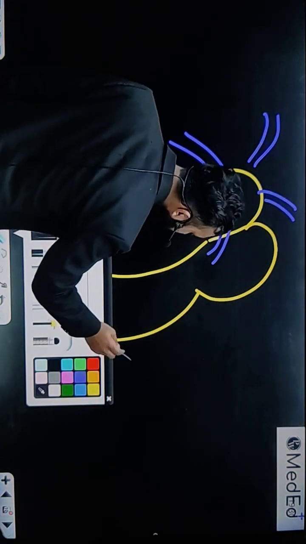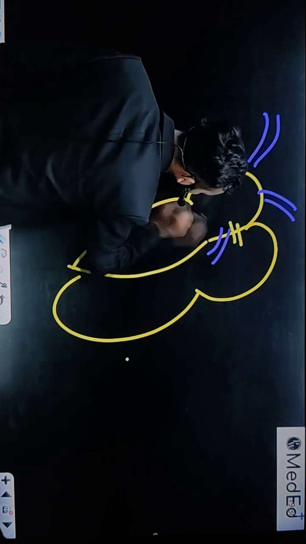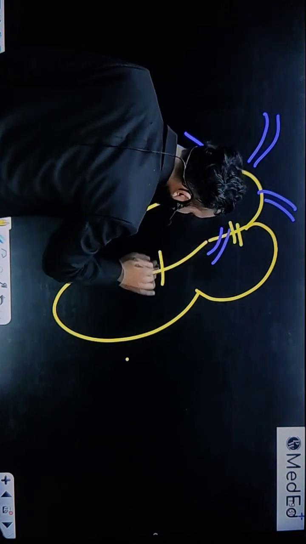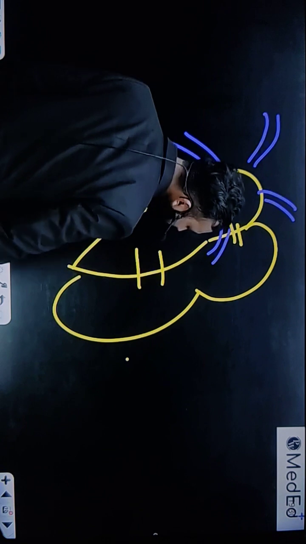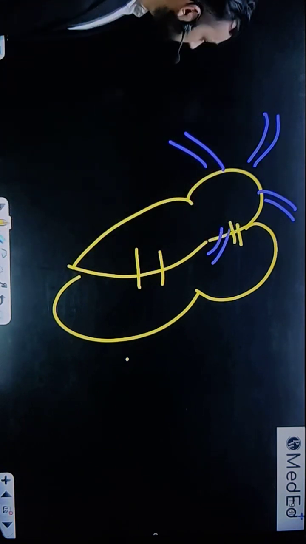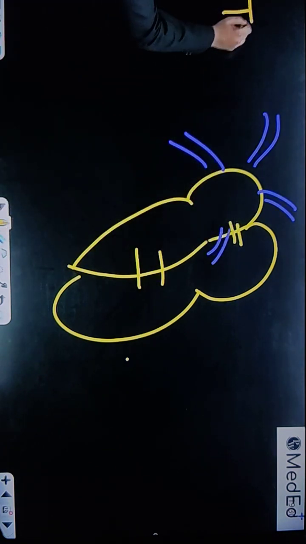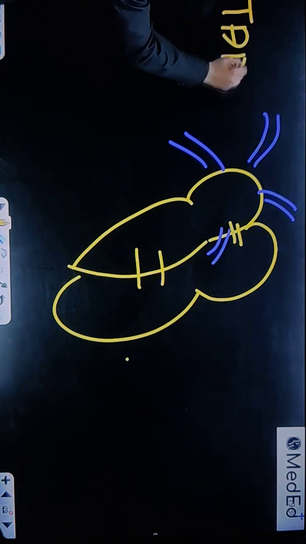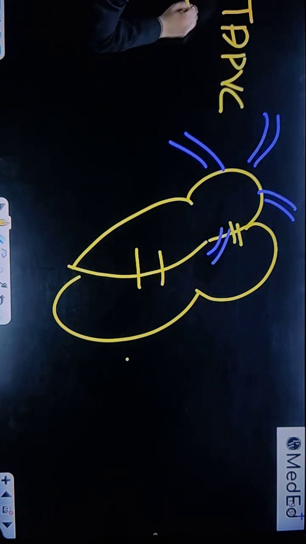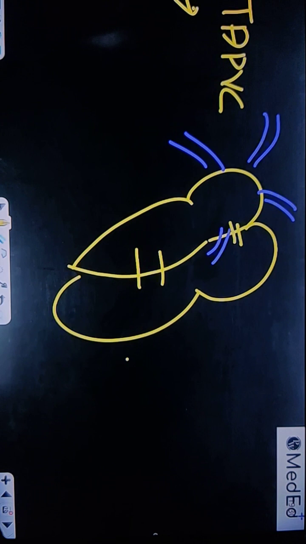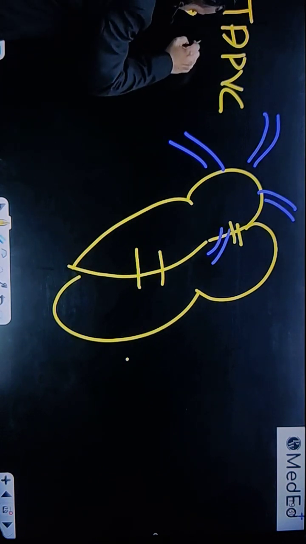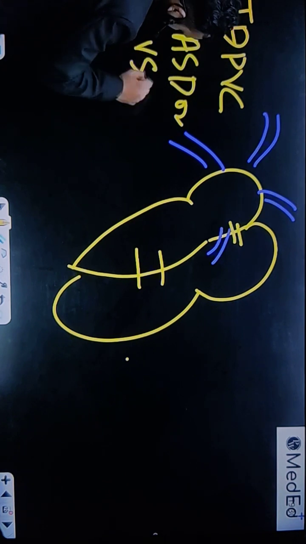So if the child has to stay alive, there has to be some defect in the atrium, an interatrial septal defect, or some defect in the ventricle. So just remember, TAPVC will again be associated with some defects in the atrial septum or ventricular septum, ASD or VSD.